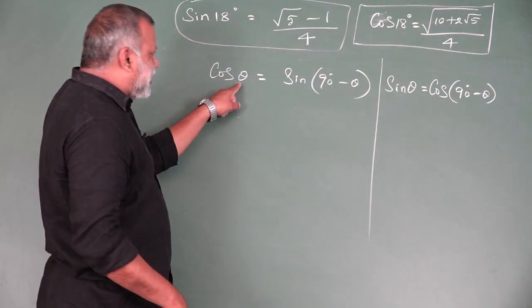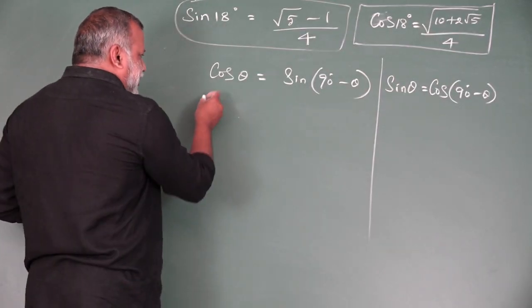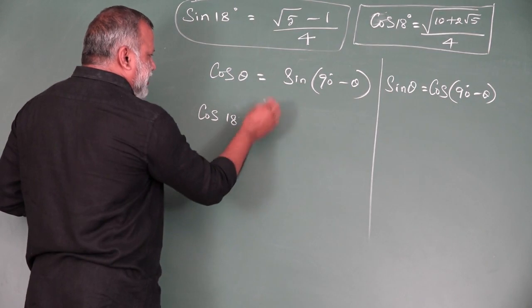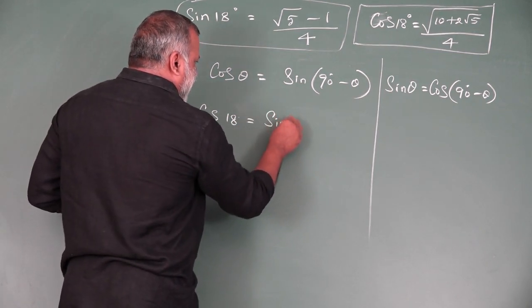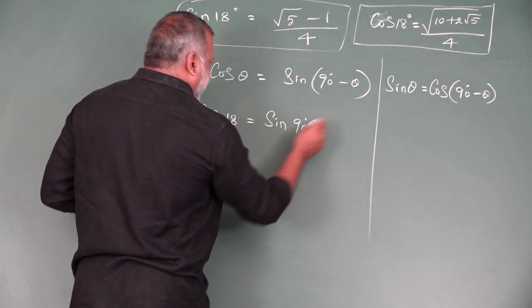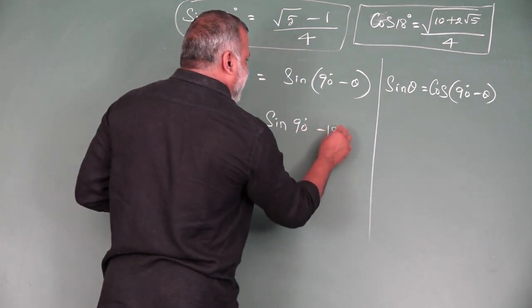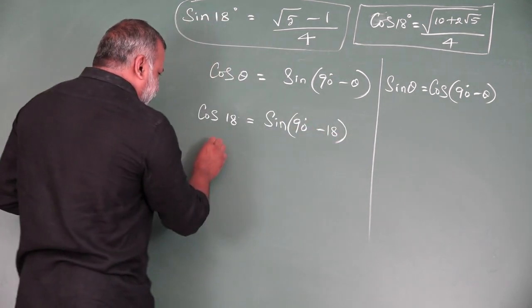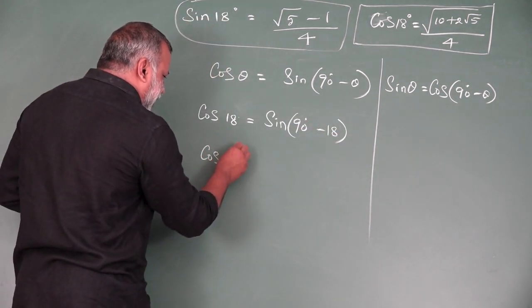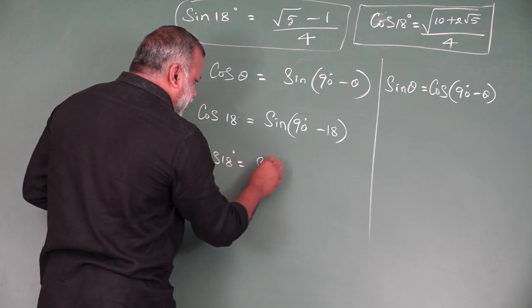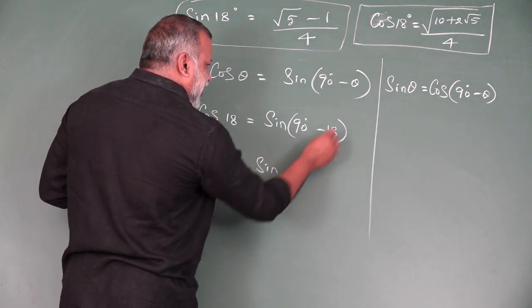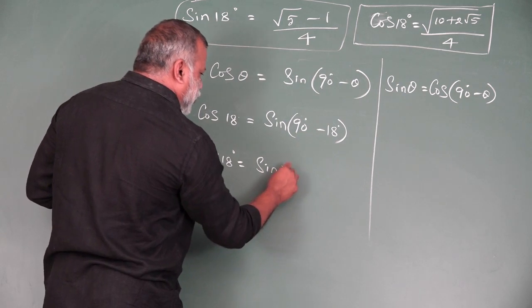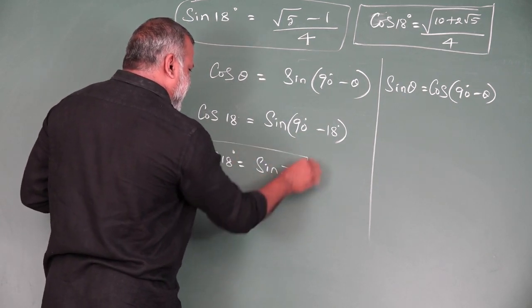Now instead of theta, I am replacing 18 degrees. Cos 18 degrees is equal to sin of 90 minus 18, that means 72.